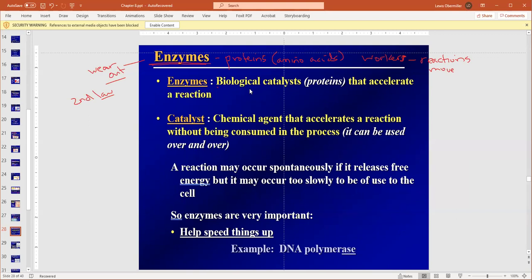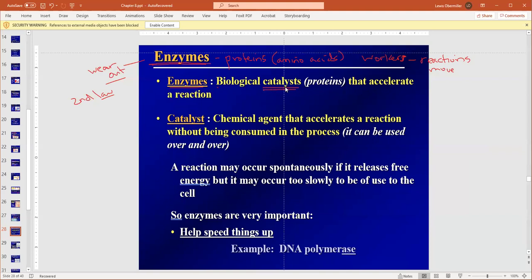That could happen, but it would take a lot longer than having a worker go and pick the phone case and stick it in a box and put your mailing address on it. So the reactions we're talking about would occur on their own eventually, just by random molecules bouncing around. But what enzymes do is they direct the reaction. And because they do that, they can speed up the reaction.